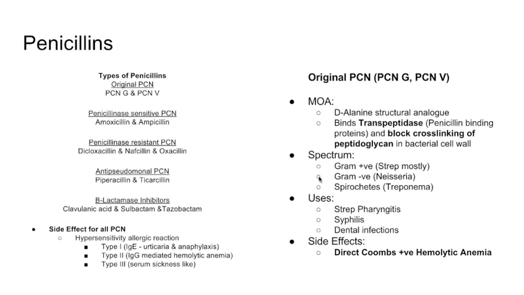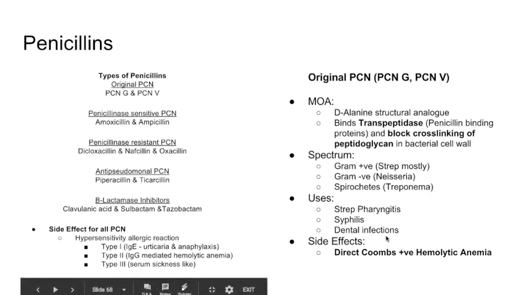The original penicillins have a little bit of narrow coverage, so they cover some gram-positive, mostly Streptococcus, and they cover some gram-negative, mostly Neisseria, and mainly spirochetes like Treponema, so syphilis. So it's used for strep pharyngitis, syphilis, and dental infections because you cover the strep there. Side effects is that you get the hemolytic anemia, direct Coombs positive. So it's a Coombs positive hemolytic anemia, which is a type 2.